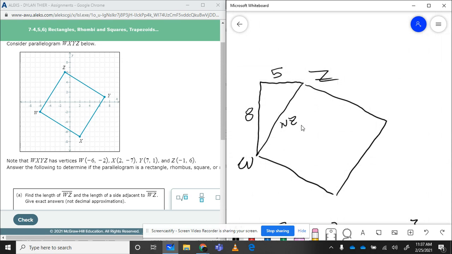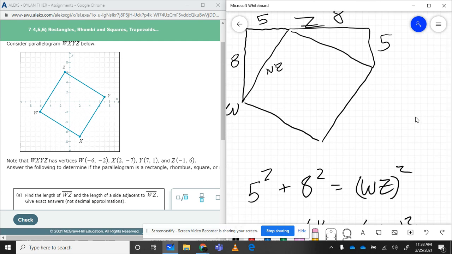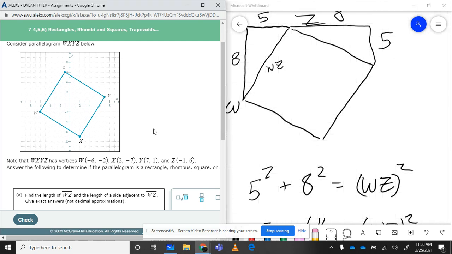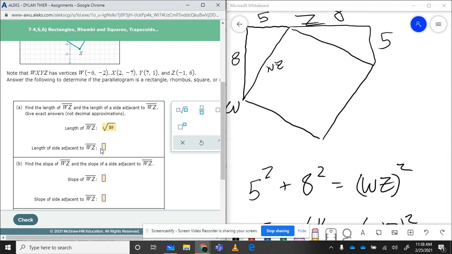We'd make a right triangle, and the distance in the x direction, we go from -1 to 7, so they're 8 apart. And we go from 1 to 6, so those are 5 apart. Looks like we got the same thing, 5 and 8 again, so we're going to get the same exact answer. You get the square root of 89.